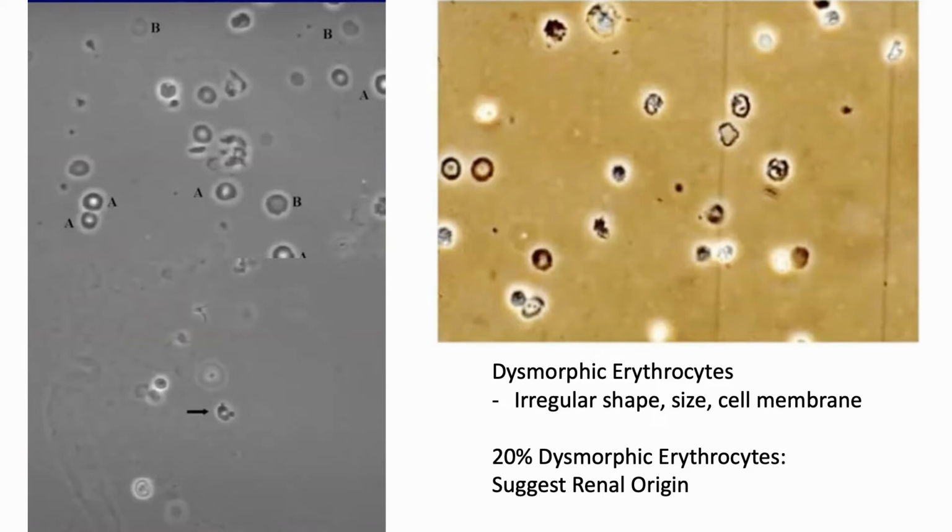The dysmorphic erythrocytes appear as red cells with irregularity in the shape, variation in the size, and distorted cellular membranes with vesicle-shaped protrusions in the form of acanthocytic or crenated red cells. The presence of 20% dysmorphic erythrocytes examined under urinary microscopy may suggest a renal origin of the hematuria.